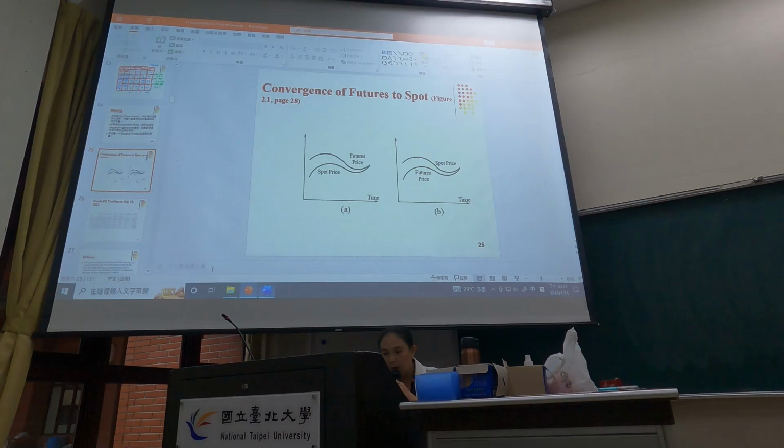And then compare with diagram B, occasionally it could happen in a consumption asset market, okay? Because of the demand and supply from time to time in the market. Remember this diagram is drawn according to the market quotation. So in that case, when standing there today, the supply is rare compared with the future, then you would observe the spot price of this product today is higher than what you would forecast in the future.